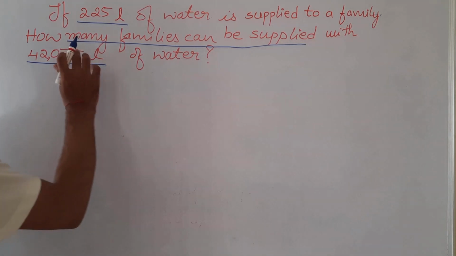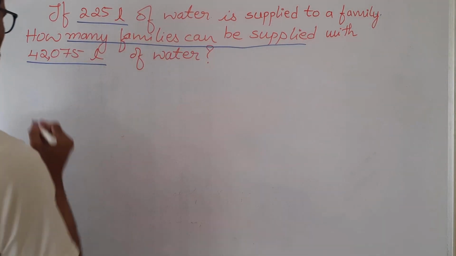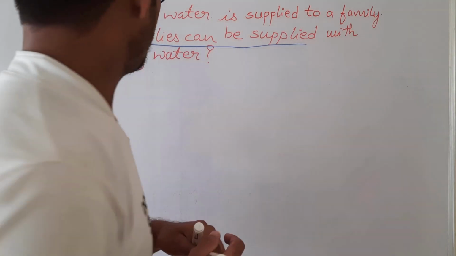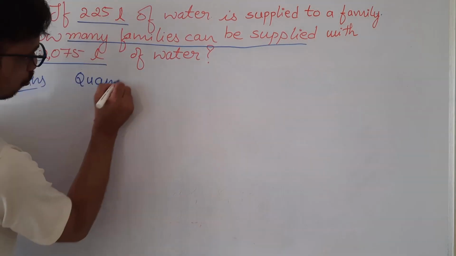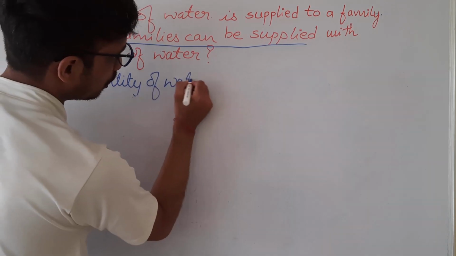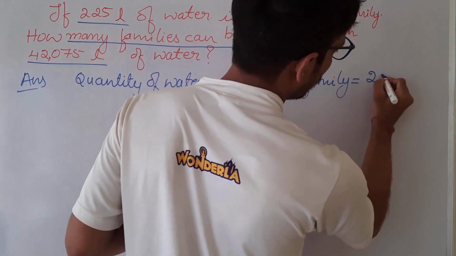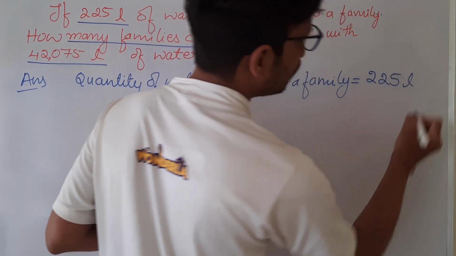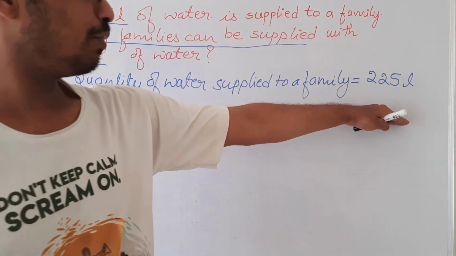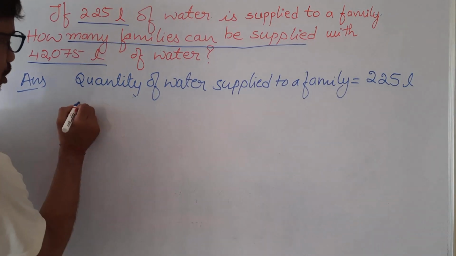So to find the number of families that can be supplied, first we will write the given data. Answer: quantity of water supplied to a family equals 225 liters. Each family is taking 225 liters of water.